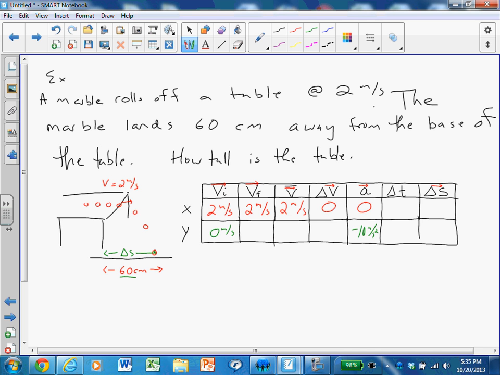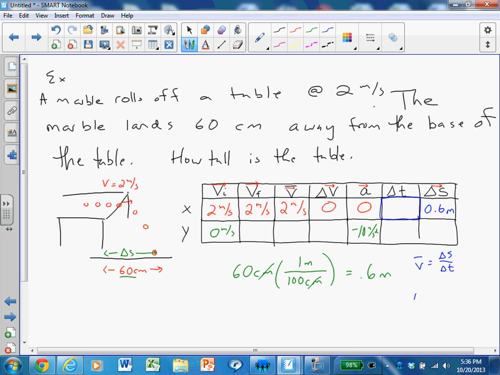So if we convert that 60 centimeters to meters, so we're in the same units as the 2 meters per second and the minus 10 meters per second squared, we know there's 100 centimeters in 1 meter, so that will give us 0.6 meters. And that's our displacement in the x. From what I have in x, I can get this last piece, a delta t, because we know v bar is delta s over delta t.